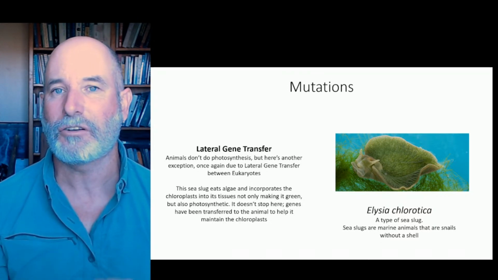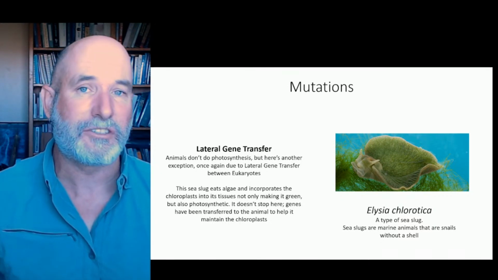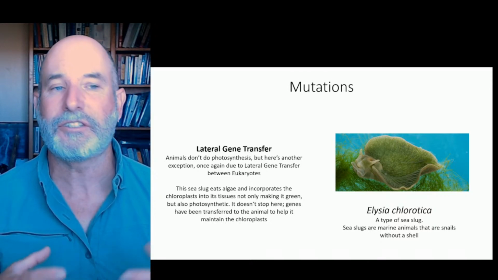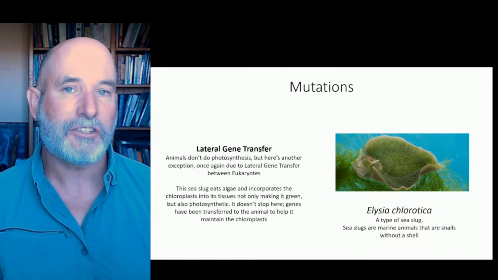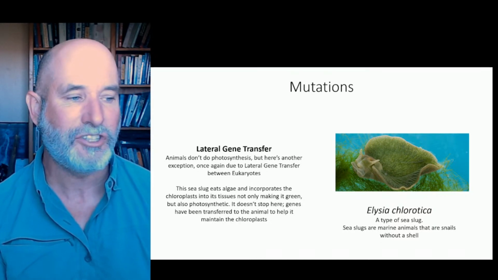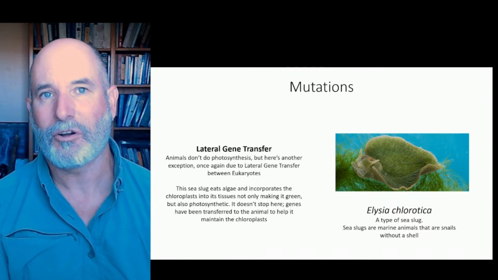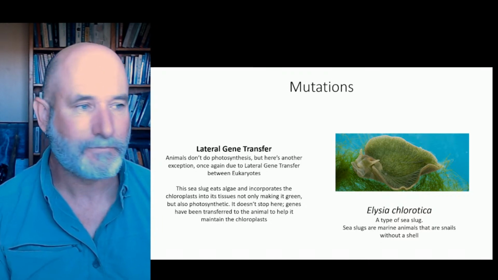It actually takes the chloroplast and moves the chloroplast into its cells. And I don't know how it does this, but not into its cells, but into its tissues. And it makes it green, photosynthetic. And it also has genes that have been transferred from the algae to help it maintain the chloroplast. So the chloroplasts are being maintained by the sea slug as well, which is pretty cool.